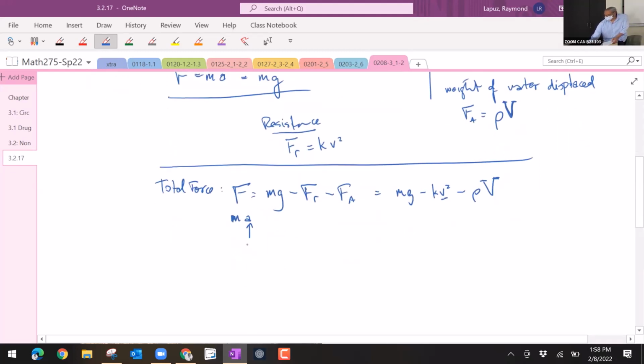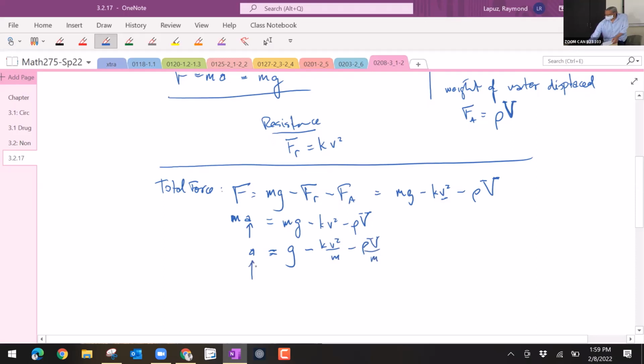Let's solve for a first, and that's just dividing out the m. So mg minus k v squared minus rho capital V. And then acceleration is going to be just the gravity, because the masses will cancel, and all these other terms will have a mass in the denominator.